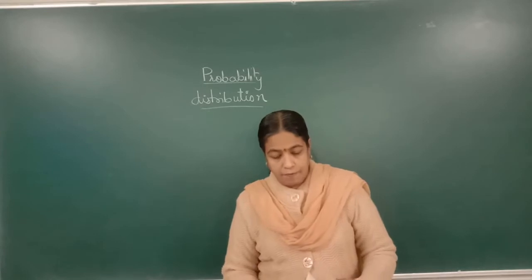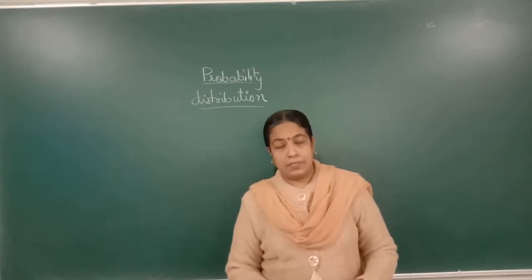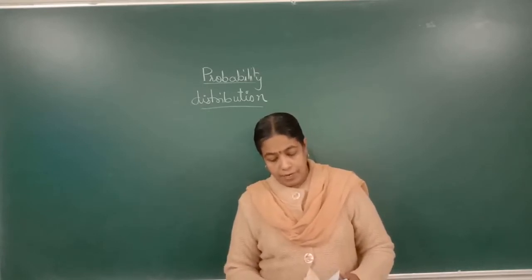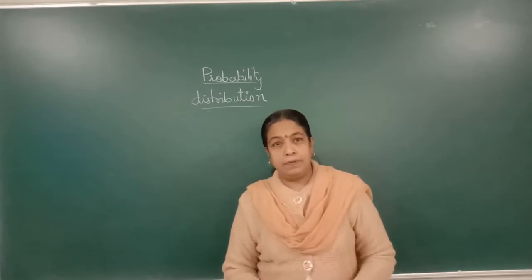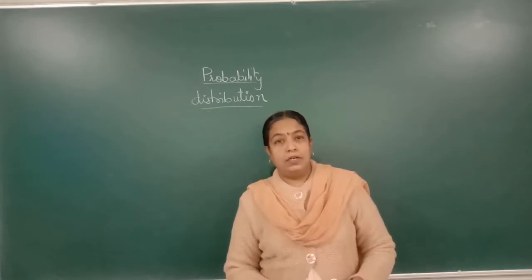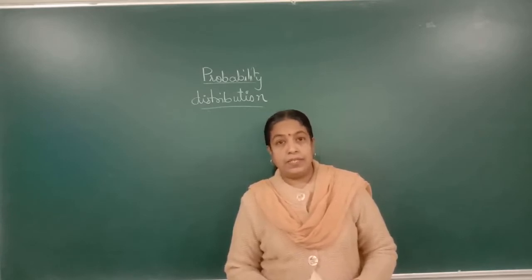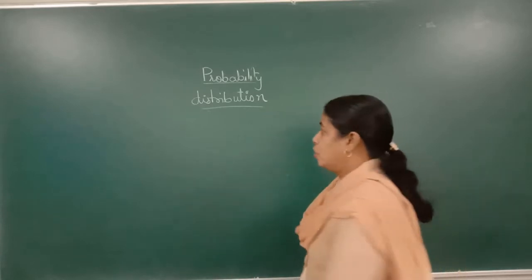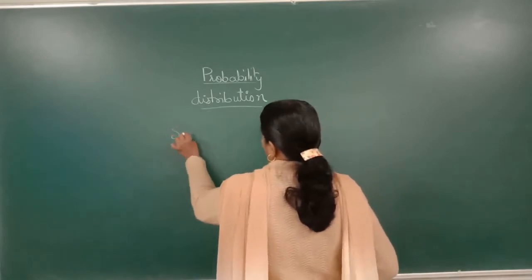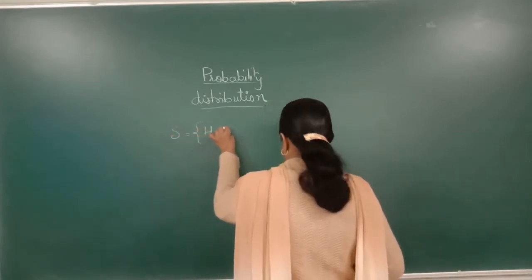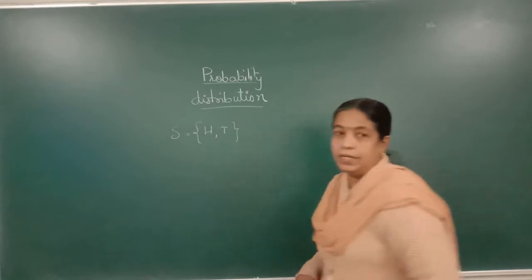Now, first we will see random variables. We have studied random experiments, like tossing a coin. And the corresponding sample spaces. When a coin is tossed, S is equal to H, T, isn't it?